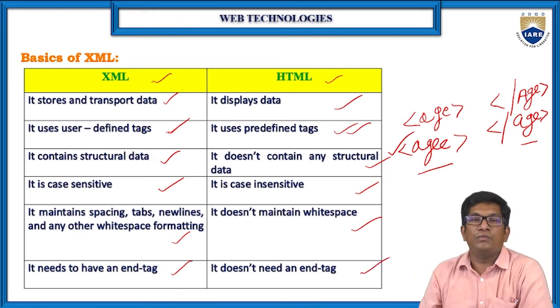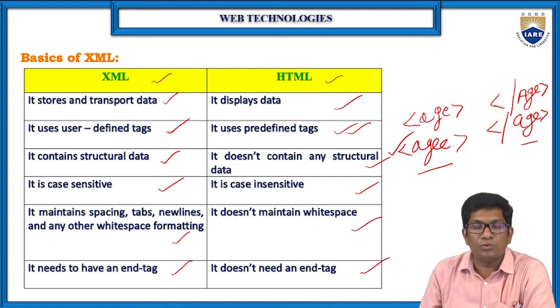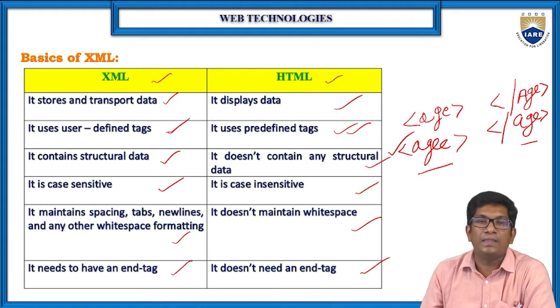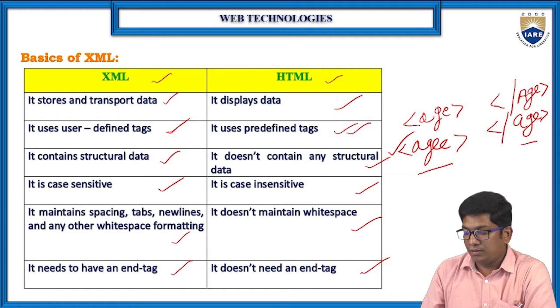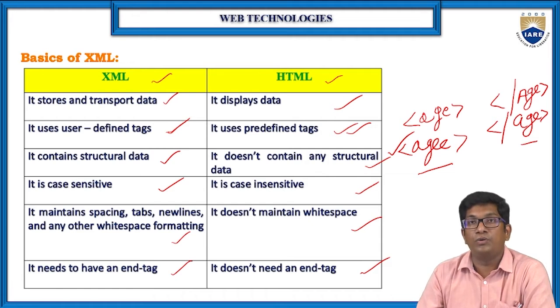In XML, wherever you write a start tag, you have to close it with an end tag also. But in HTML, for some tags there is no need to write end tags. For example, the img tag, another example, the br tag. No need of end tags, right? Then also it will show your output in HTML. But in XML, that is mandatory. You have to give a start tag and an end tag.